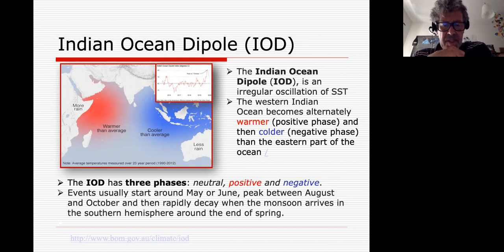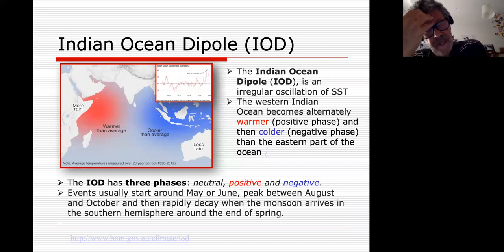This has, as you see, important implications not only on the circulation of the ocean, but also on the weather. And these changes in sea surface temperature, as we saw in ENSO, have implications in convection and in rain.